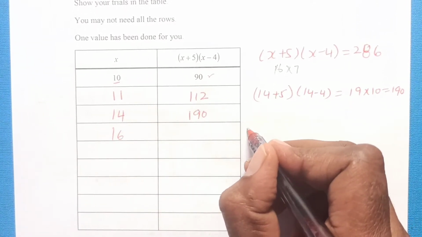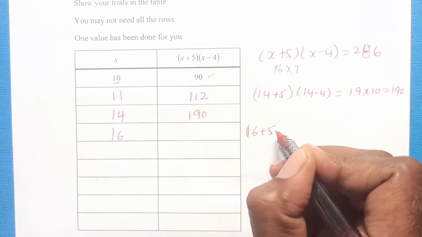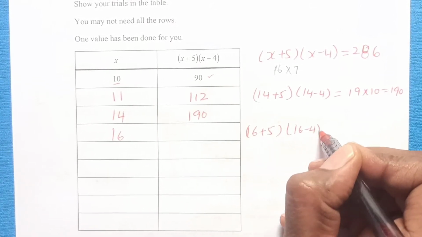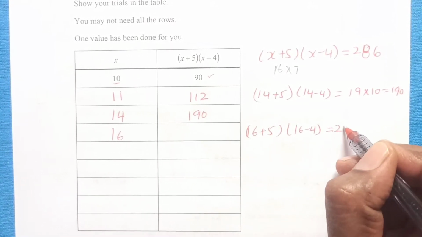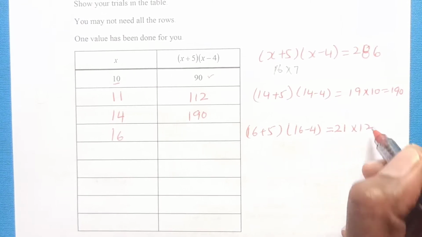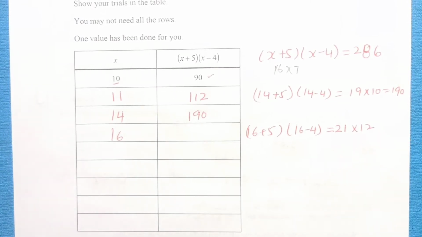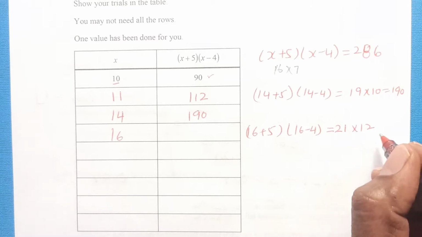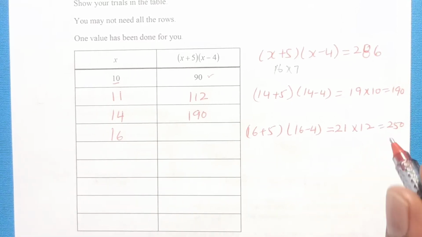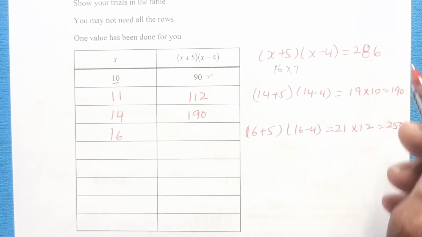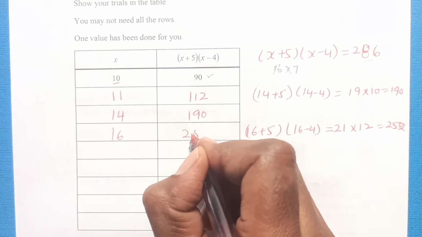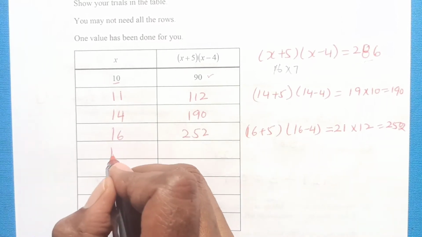So that will be 16 plus 5, 21, times 16 minus 4, 12. So 21 times 12 is 252. So we are getting near. So let's take 17.